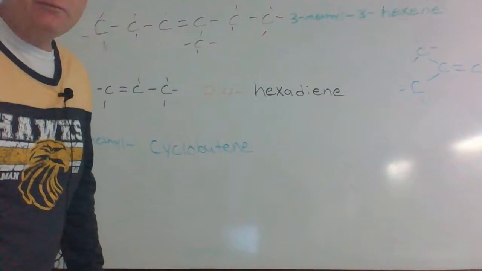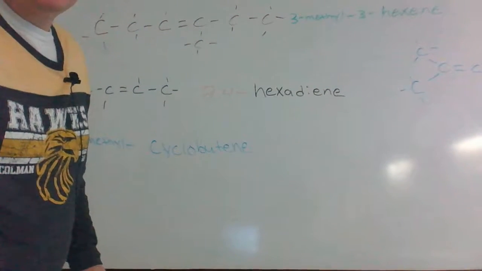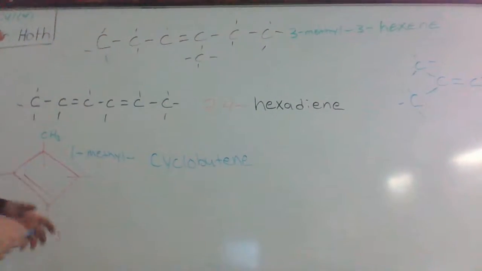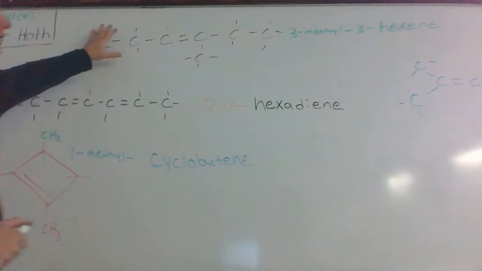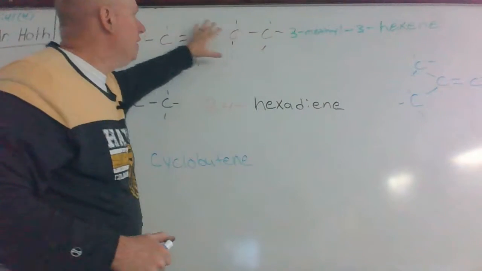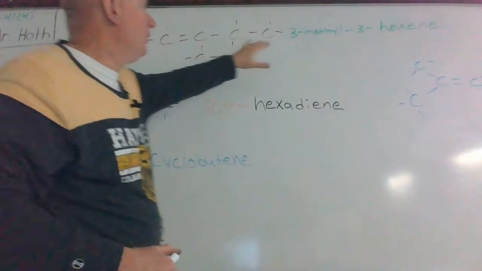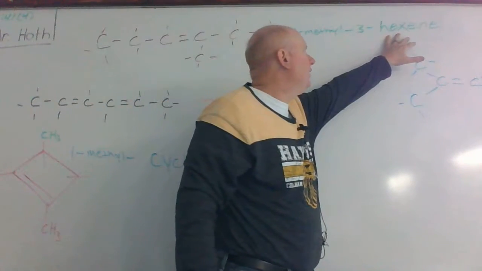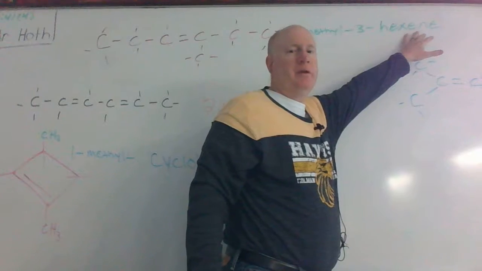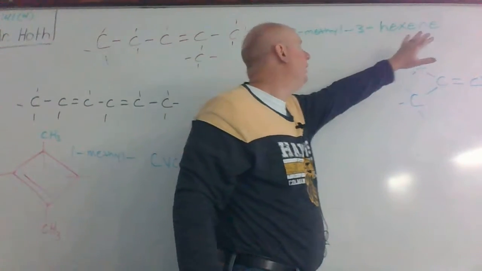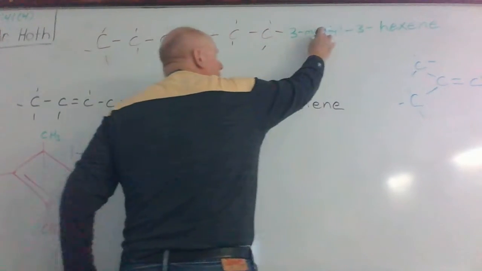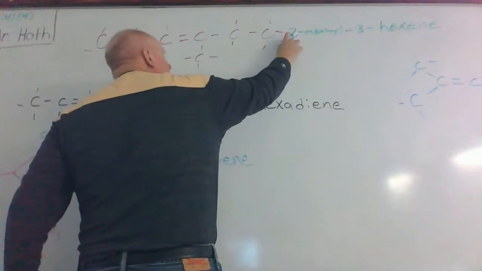Okay, so to get the rest of you up to speed, what we see on here, we're just naming this compound, and as you can see, we've got two of the same numbers. Here's our parent chain, 6 carbons, and we're showing that there's a double bond on the 3rd carbon, and there's a methyl derivative on the 3rd carbon as well.